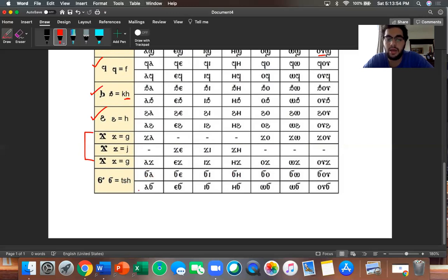Very easy. When you put it after the vowels being alpha, iota, eta, and so on, you have ach, ich, och, uch. Very easy.